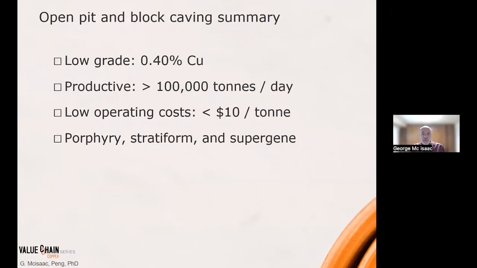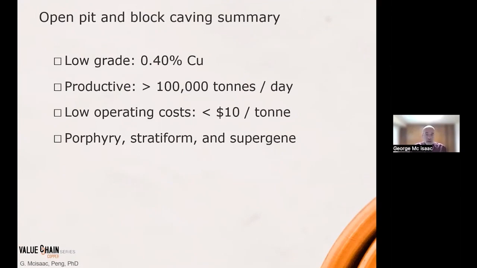For both open pit and block caving, when I talk about low-grade ore, we can mine material that has a grade of approximately 0.4% copper as a lower limit. They can be very productive. Many of these mines produce more than 100,000 tons per day, which is significant for mining.